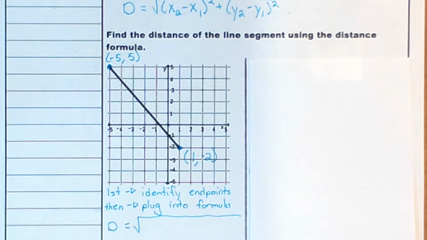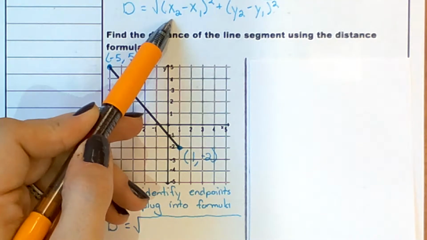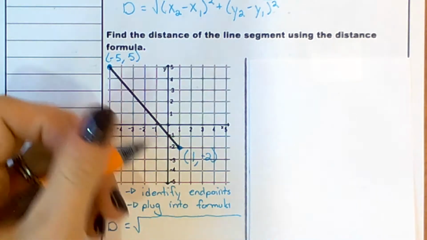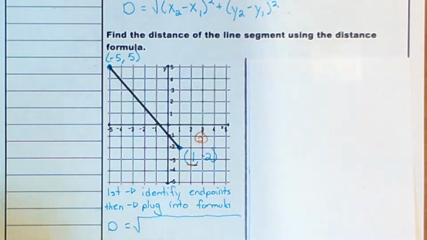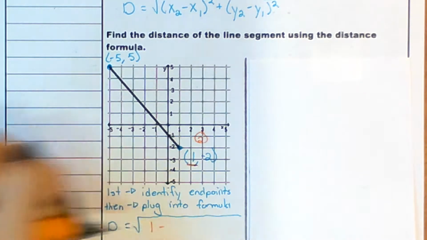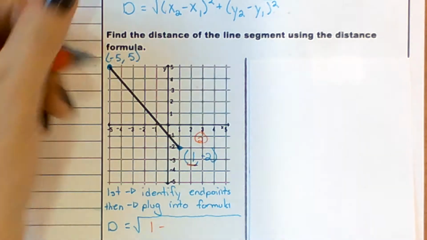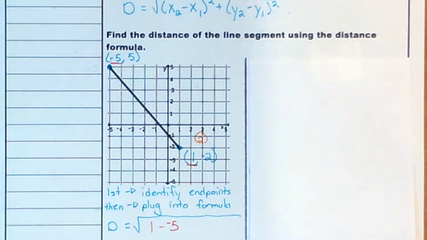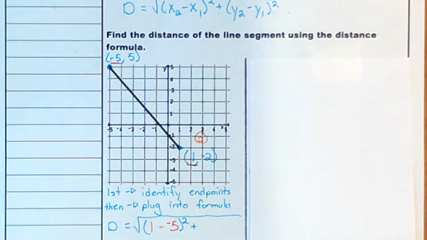And I'm going to do x2. So x2 right here. And for x2, it doesn't matter which point is which, so just pick one. So I'll call this the second point. So there's x2. So I have 1 minus, and then my x1 is a -5. And so we're going to put parentheses around that, and we'll square it in just a minute.